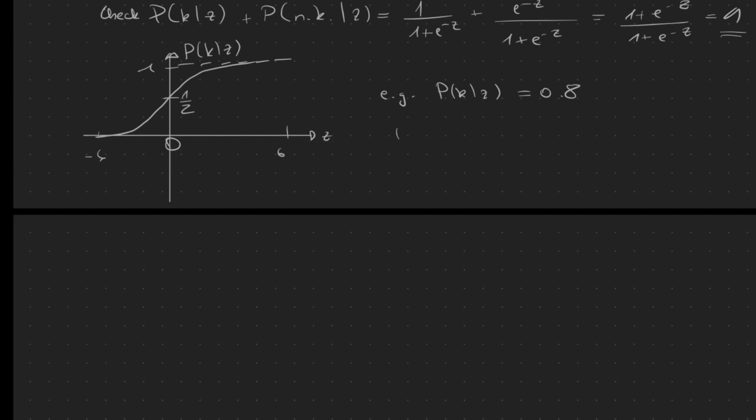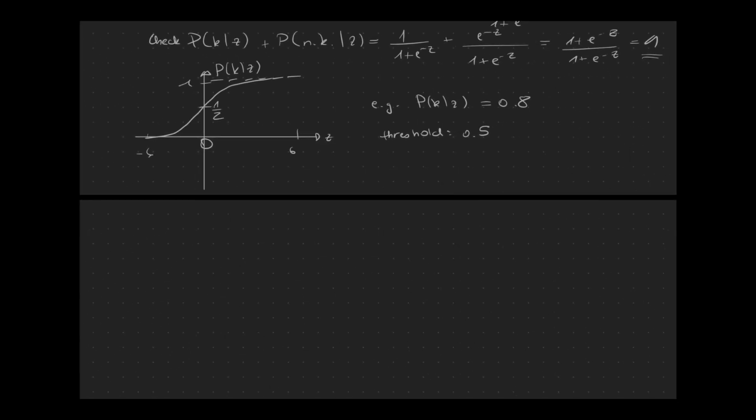A common way to achieve that is to pick a threshold, so the threshold could be 0.5. If the probability is larger than the threshold, we decide that z is class k. And if the probability is smaller or equal to 1/2, we say it doesn't belong to class k.